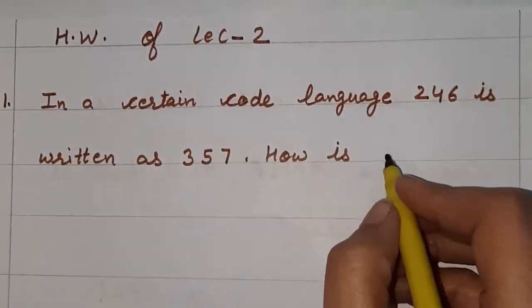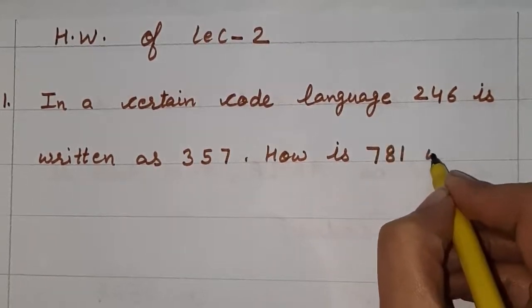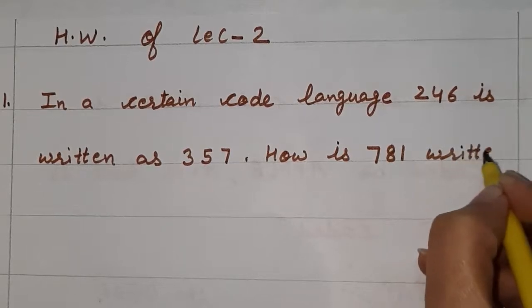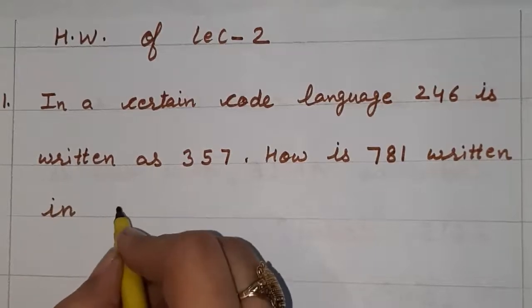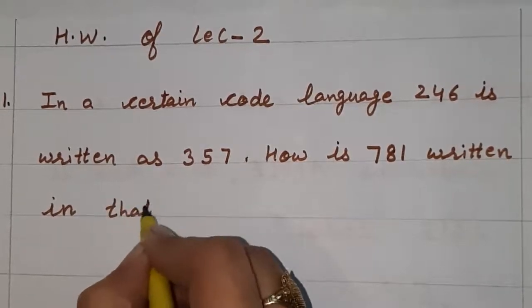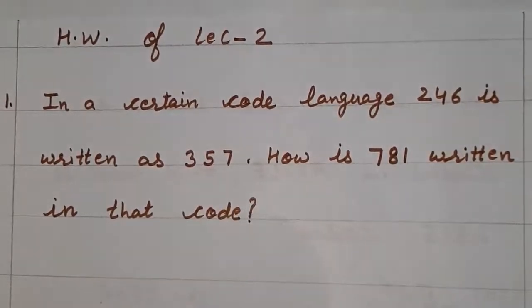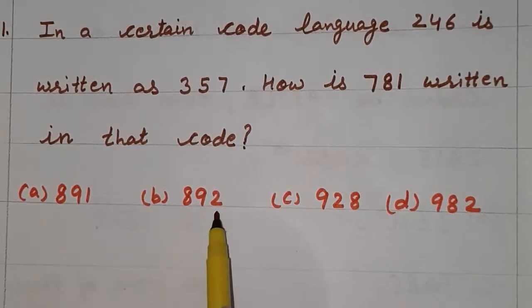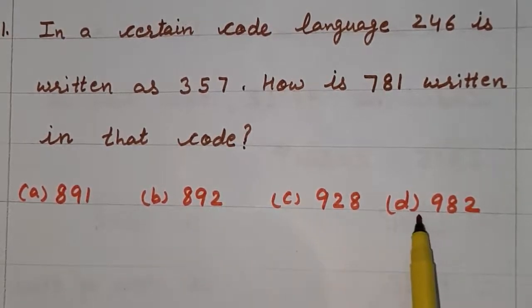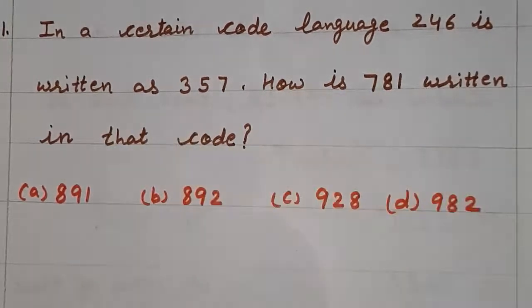How is 7, 8, 1 written in that code? And the options given to you are: A, 891, B, 892, C, 928, and D, 982. So you have to first of all understand the coding and then decode it.